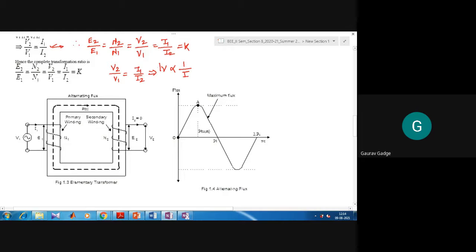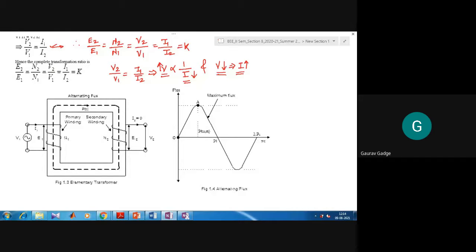So when voltage is increasing, current decreases, and when voltage decreases, current increases from this particular relation. Please remember this point. When voltage increases, current decreases. When voltage decreases, current increases. Is there any question on this point?